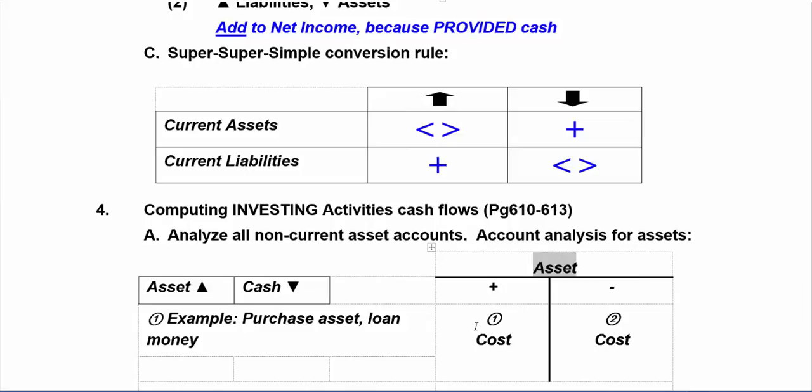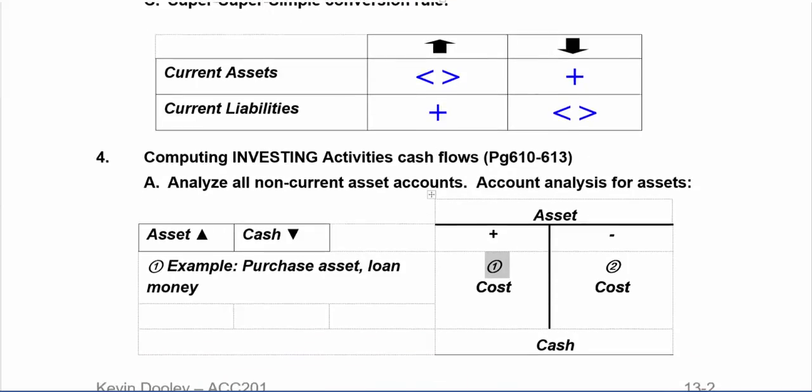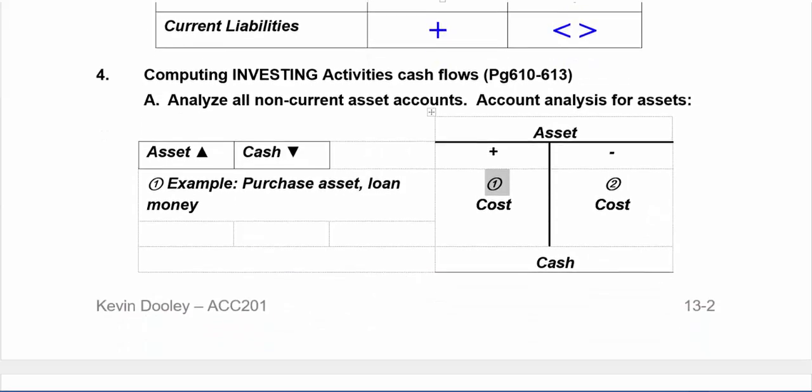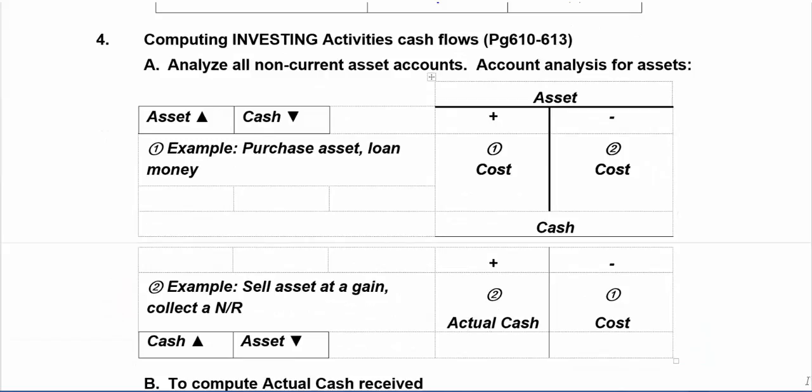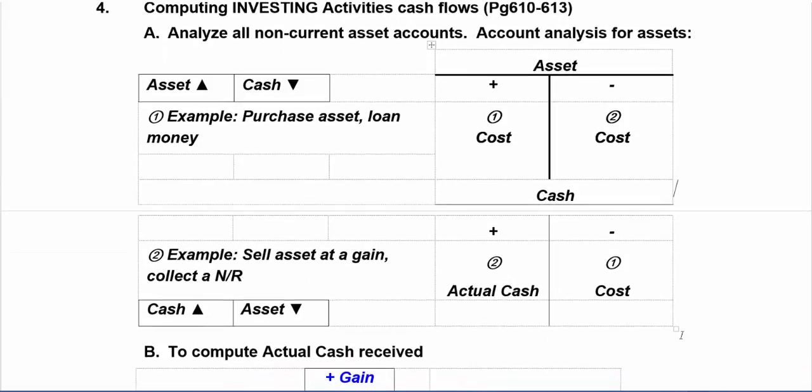So a note receivable being debited would be the dollar amount that we loaned out. When that happens, at that same time, our cash changes. So purchasing an asset and paying cash make the asset go up, but cash go down.